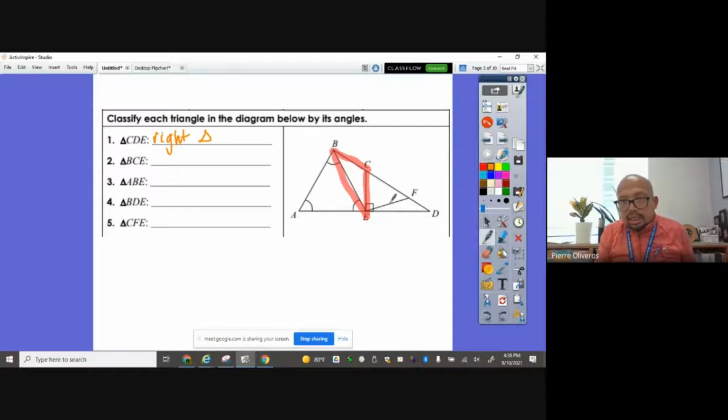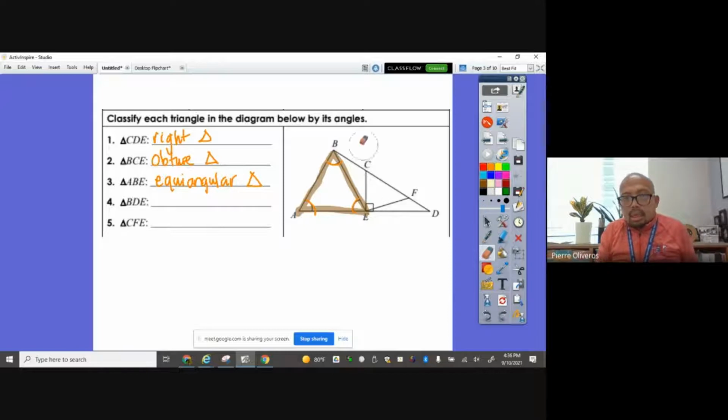You can tell that angle C on this triangle is big, and it's going to be an obtuse angle. So this is called obtuse triangle. Next, triangle ABE. Those arcs on this triangle mean they're all equal. So we have equiangular triangle.